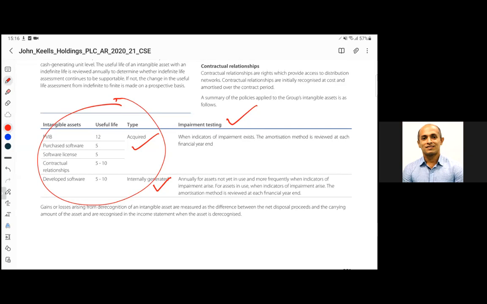Then you see whether the company has followed its accounting policy. After that, you can calculate those ratios and see whether amortization of intangible assets is adequate. Right. So you can follow a procedure similar to property, plant and equipment.